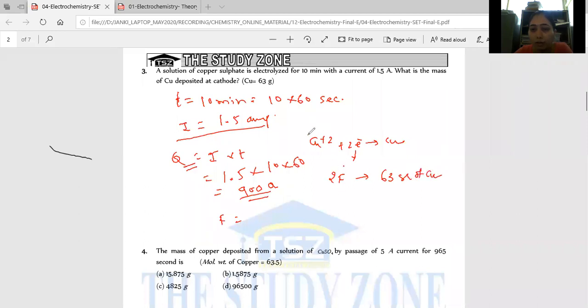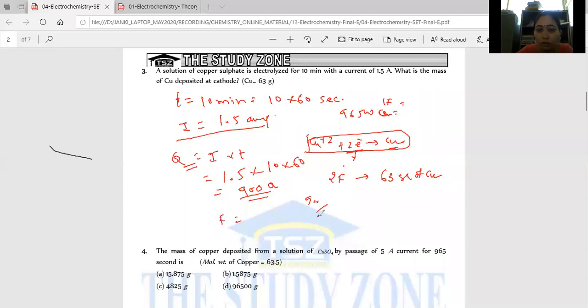Is it okay? With the help of this reaction stoichiometry, 2 Faraday gives 63 gram. We have 900 coulombs. Convert this into Faraday. 1 Faraday is equal to 96500 coulomb, right? So 2 Faraday gives 63 gram. Then convert this into Faraday.